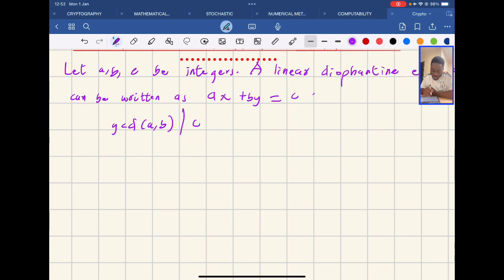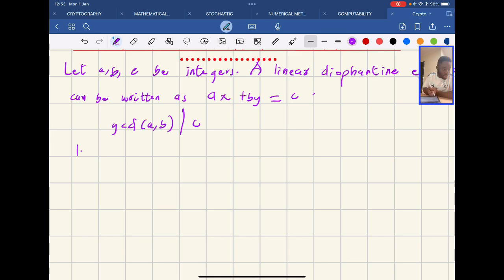If it is, then a solution exists. If the GCD of a and b is not a divisor of c, then we can't go ahead to find the values of x and y because there is no solution. So let's take our first example.